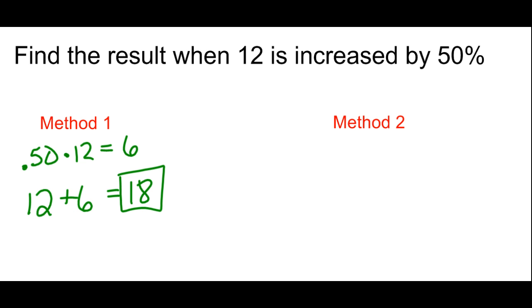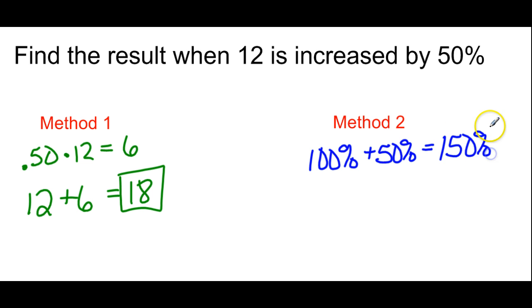The second method deals with the percents. So I start with 100% of the number that I have. I'm going to increase it 50%, which means I'm going to have 150% of what I started with. Now I say 150%, change that to a decimal, 1.50. 150% of 12 equals what?